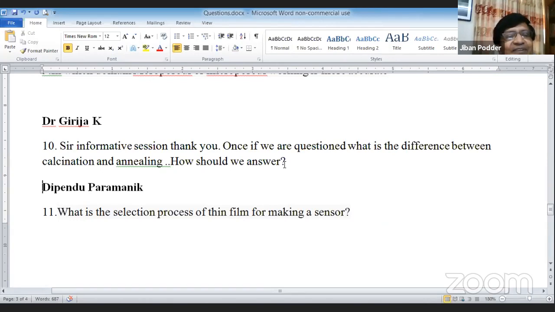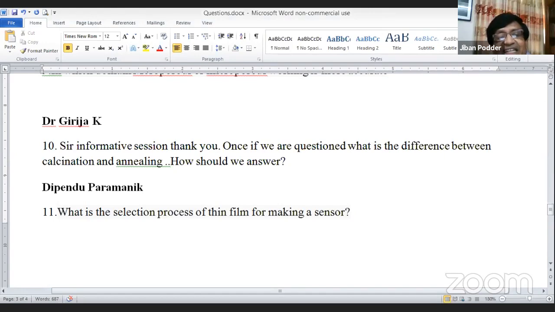Calcination and annealing, the difference between them. Annealing you can do in an inert atmosphere, in an oxygen atmosphere, or in a normal atmosphere.